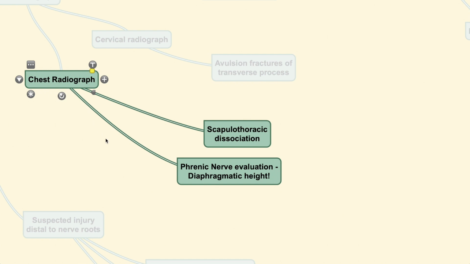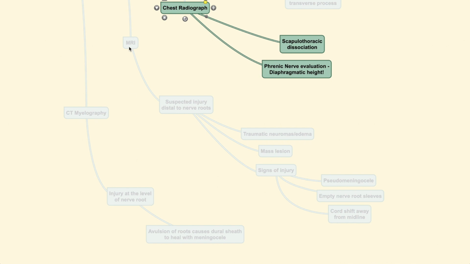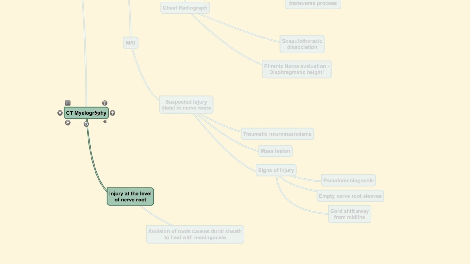So during maximum inspiration and maximum expiration, you need to evaluate the height of the diaphragm, because you know that part of the phrenic nerves come from the C5. So if the phrenic nerve is involved, there will be hemiparalysis of the diaphragm and therefore inequality in the diaphragm height.